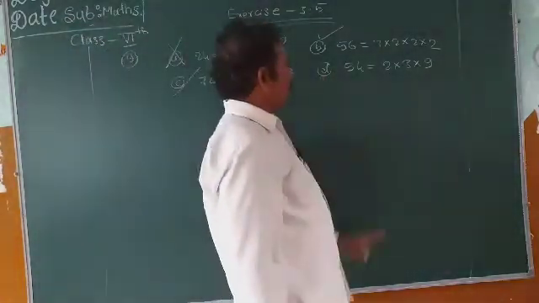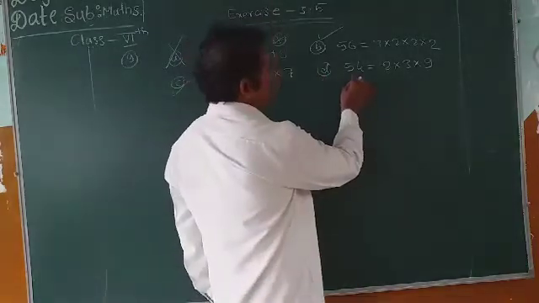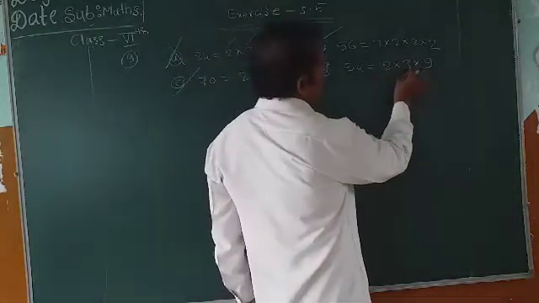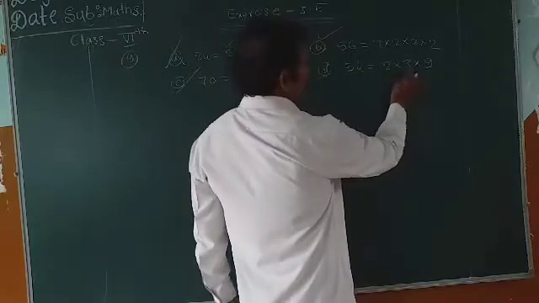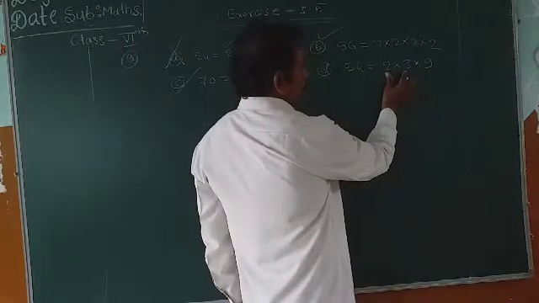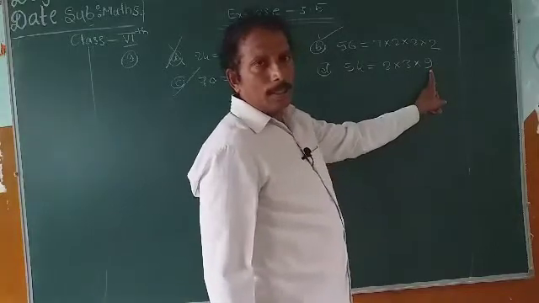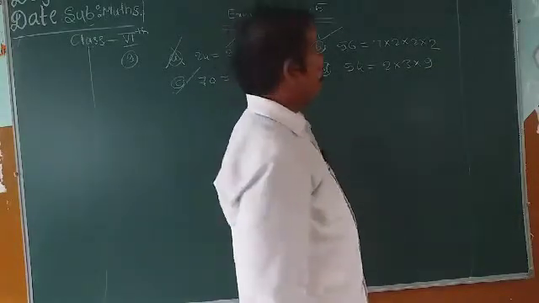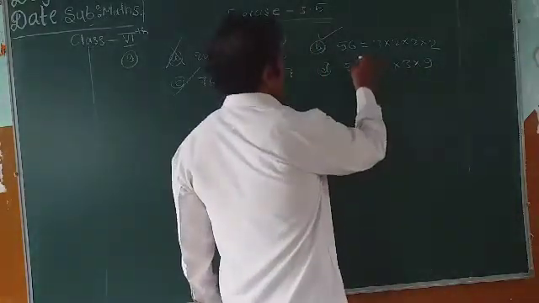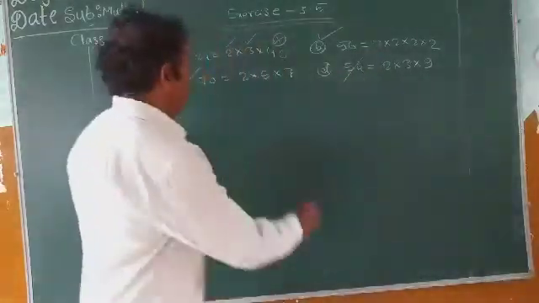And come to question D. In question D, 54 is equal to 2 into 3 into 9. 2 and 3 are prime numbers, but 9 is not a prime number. 9 is a composite number. So, this is not the prime factorization.